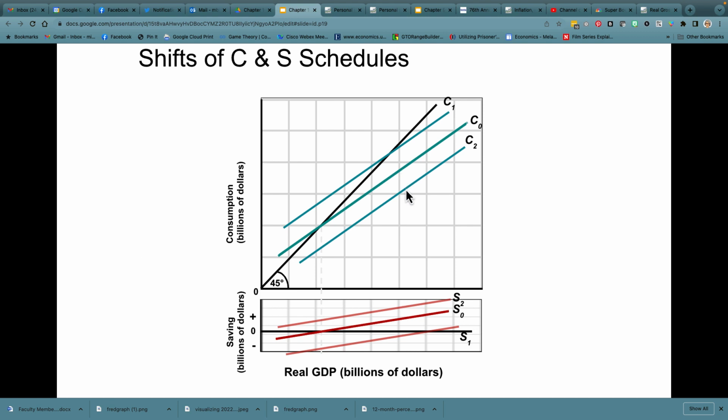Now, again, normally when the consumption schedule shifts up from C0 to C1, we would see the savings schedule shift down from S0 to S1, okay? And if the consumption schedule shifted from C0 to C2, then we would expect the savings schedule to shift from S0 to S2.